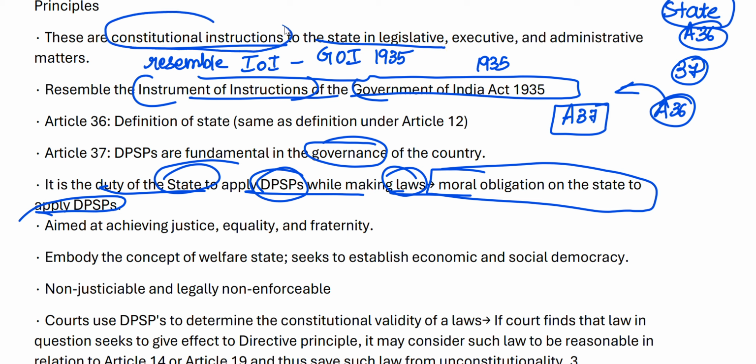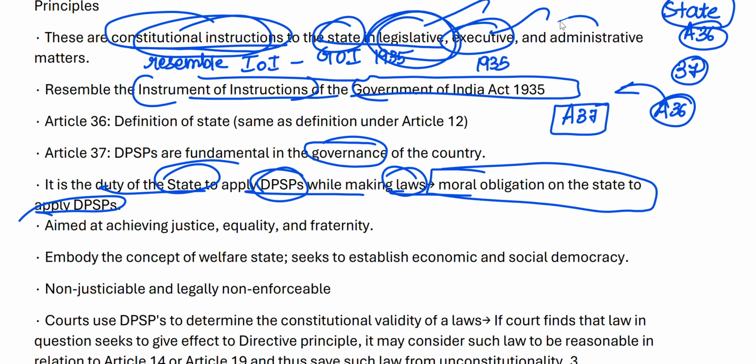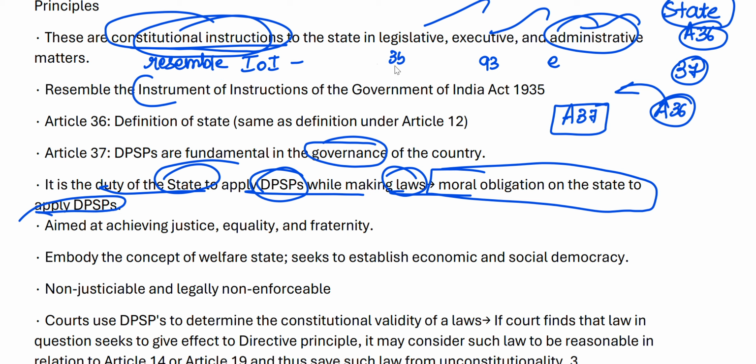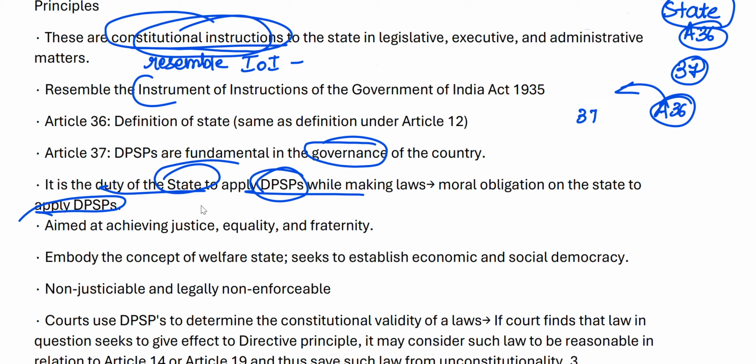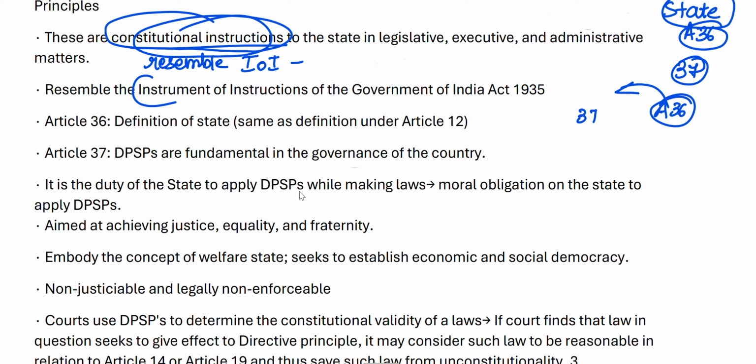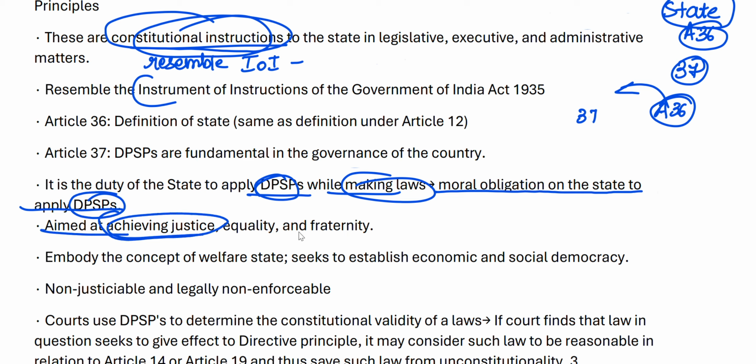Constitutional instructions are given to the state in all three matters: legislative, executive, and administrative. What is the instruction? To use DPSPs in the governance of the state. Therefore, it is the duty of the state to apply DPSPs while making the law, a moral obligation aimed at achieving justice, equality, and fraternity.